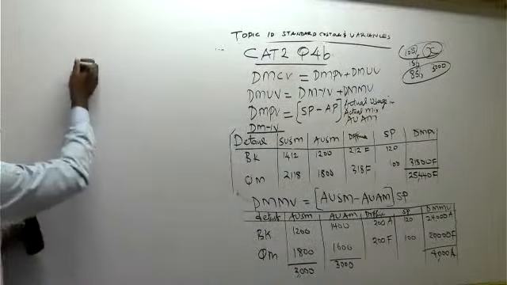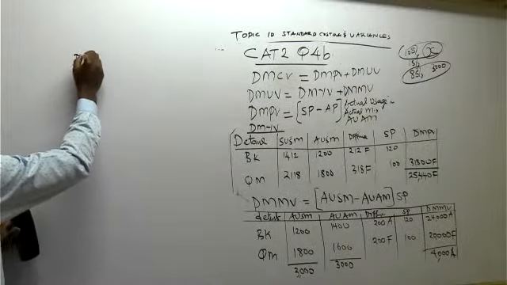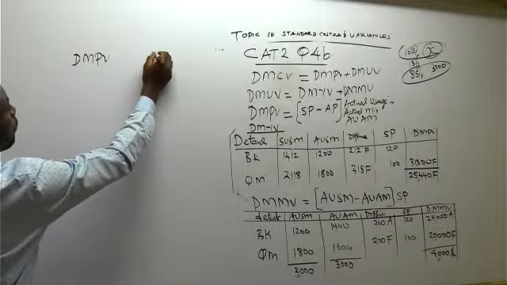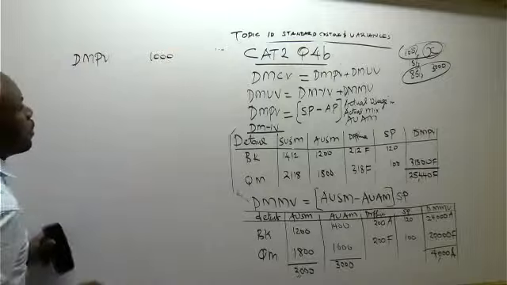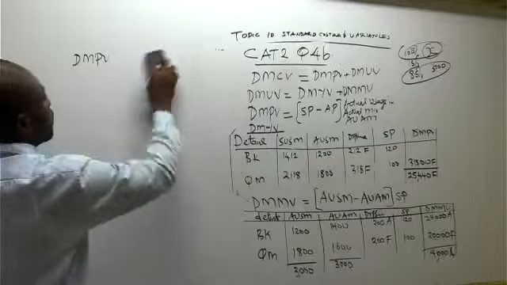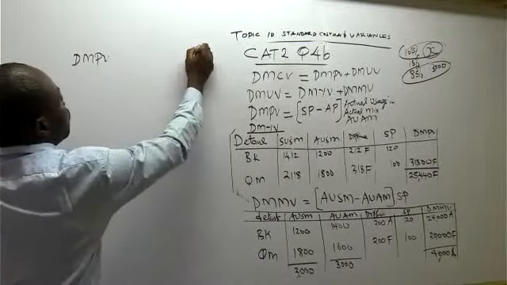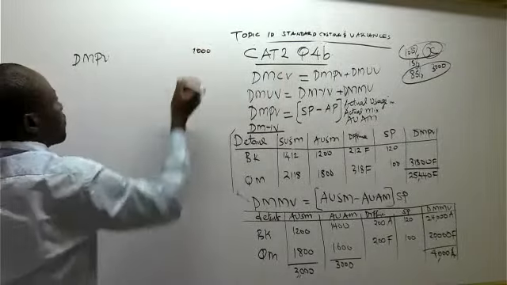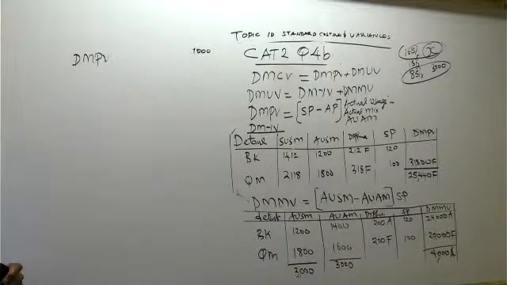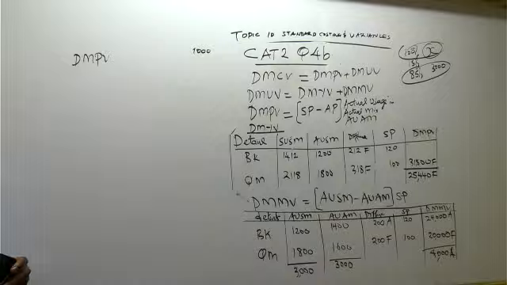Now, give us direct material price variance. How much did we get? Was it 1,000 favorable or adverse? Yes, give me that. Direct material price variance.